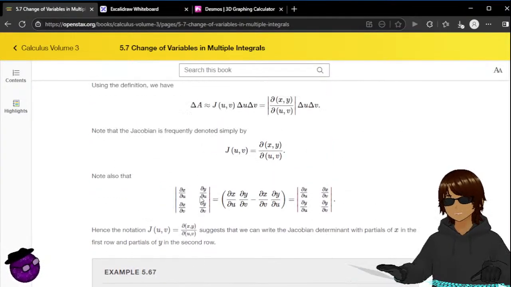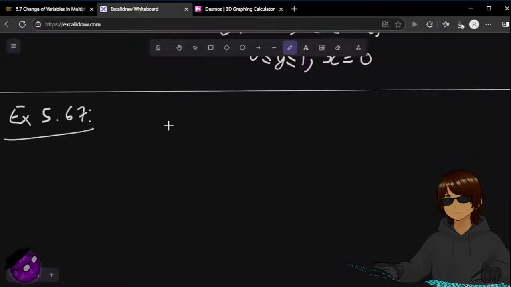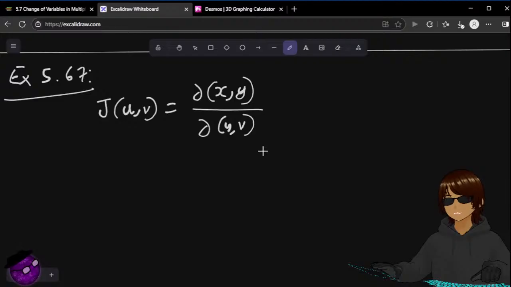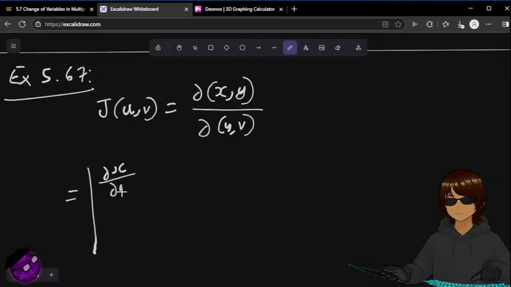So the Jacobian J(u,v) is equal to, so we have x in the first row and then y in the second.